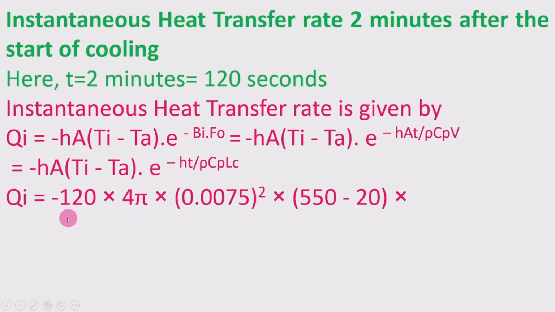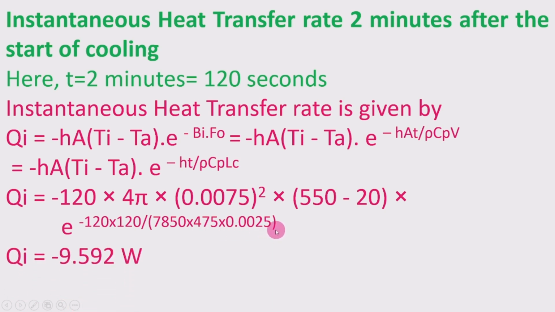By substituting that, we get this equation. Then by substituting all the values, Qi equals h is 120, that is minus 120, area is 4 pi r squared, 4 pi into 0.0075 squared, and Ti is the initial temperature 550 and the air temperature is 20 degrees. Then e raised to, h is 120 and t is also 120 seconds, rho is 7850 and Cp is 475, Lc is 0.0025.